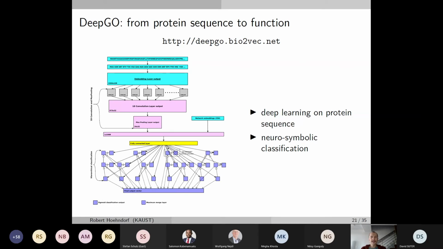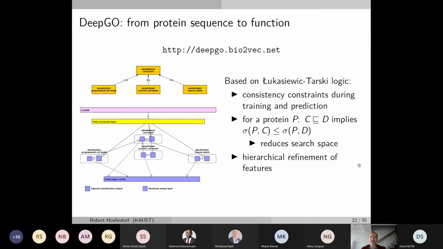And they take mainly as an input the protein sequence. And you can see there's an embedding part, so there's a network embedding here. I will ignore this for now, but I want to talk about the second part, the prediction of symbolic knowledge, so that we can determine consistency.